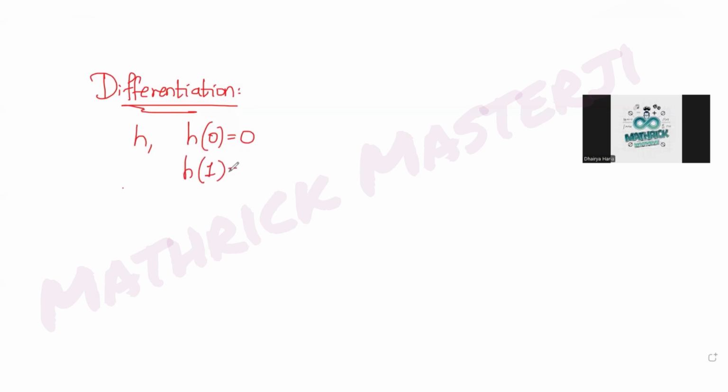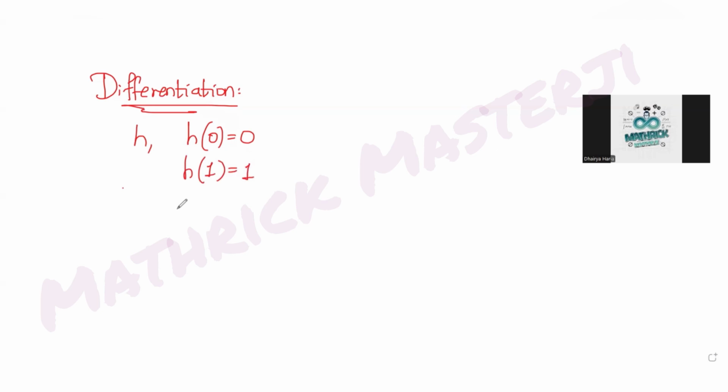Let's see today's question. Today's question we are taking up from the topic of differentiation. The question tells us that for a differentiable function h, h of 0 is 0 and h of 1 is 1.